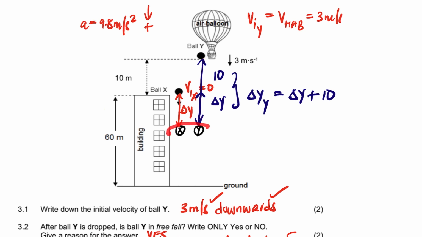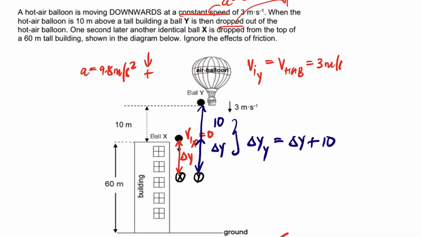So when they meet at this point, what are we going to do? We're going to equate, they meet at the same point. We're going to equate this displacement that ball x traveled with this displacement. Another thing that is important here: we were told that 1 second later another identical ball is dropped from the top of the building.